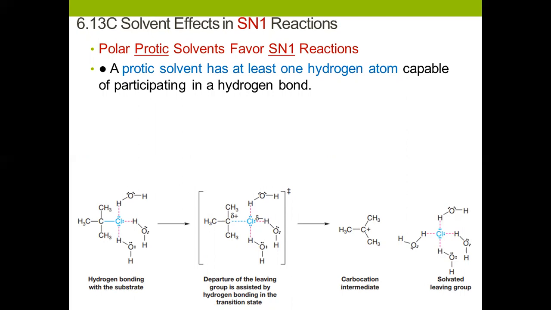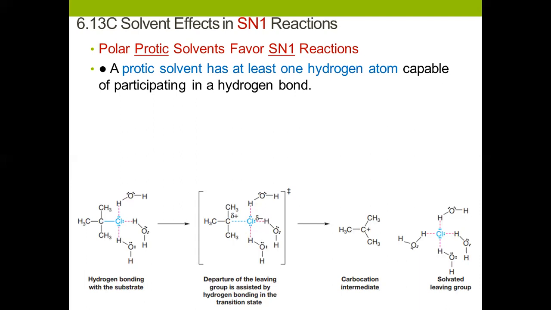So in the formation of the carbocation, when the leaving group totally leaves, the carbocation can be stabilized by the solvent, by solvation. But how does the solvation occur? By hydrogen bond formation.